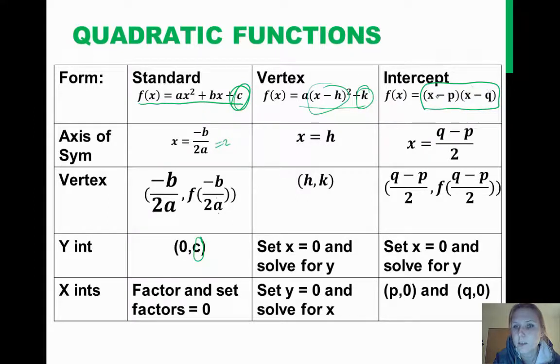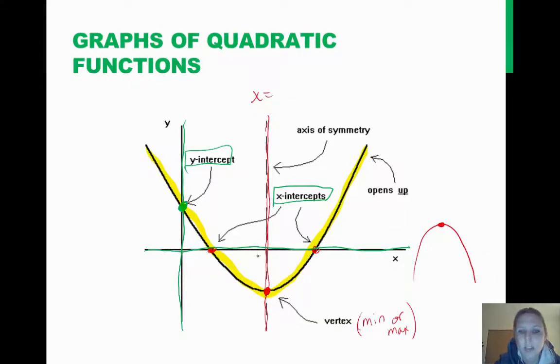In the intercept form, when we want to find the axis of symmetry, let's go back and look at that. Notice that our axis of symmetry is literally right in between these two points, which are the x-intercepts. So if I add these two points together and divide by 2, I can find the center, and that's what we need to find.